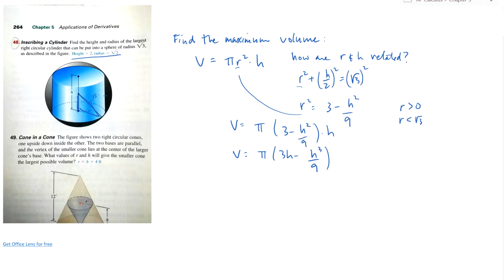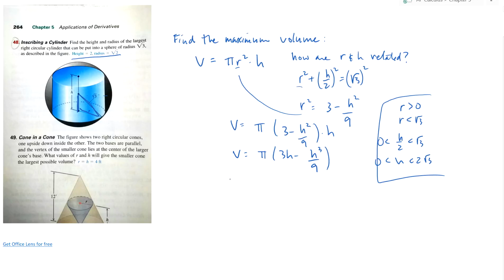Same thing with h. The largest half of h would be square root of 3. So h over 2 has to be less than the square root of 3 and bigger than 0. So if I multiply by 2, I'm just thinking this, kind of always on the side: what's the domain? What do I need to worry about? Should it come into play later on?